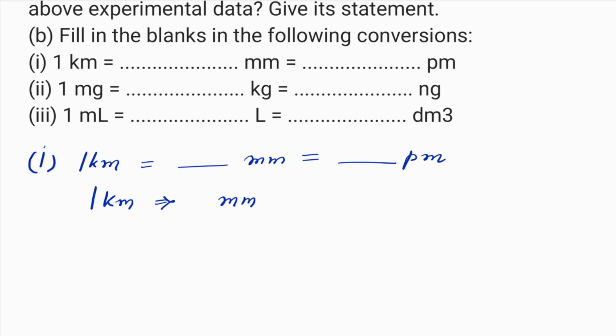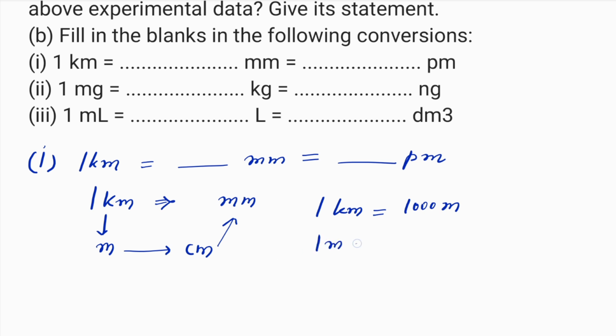We are taking different steps: first kilometer to meter, then meter to centimeter, which is the smaller unit, and then centimeter to millimeter, because millimeter is smaller than centimeter. First of all, 1 kilometer is equal to 1000 meter.